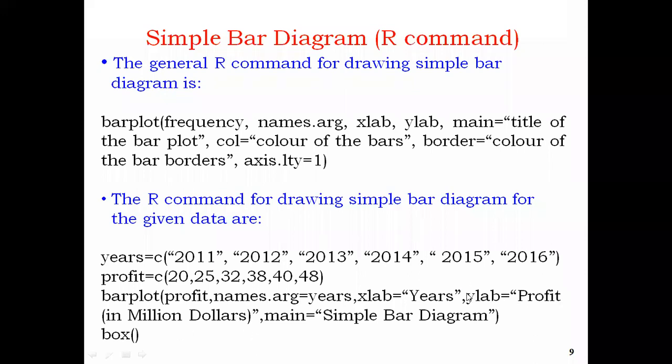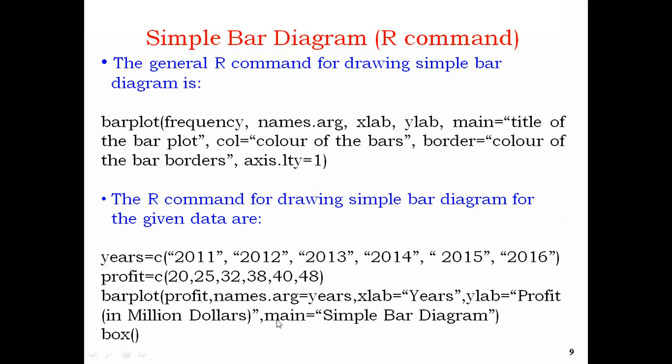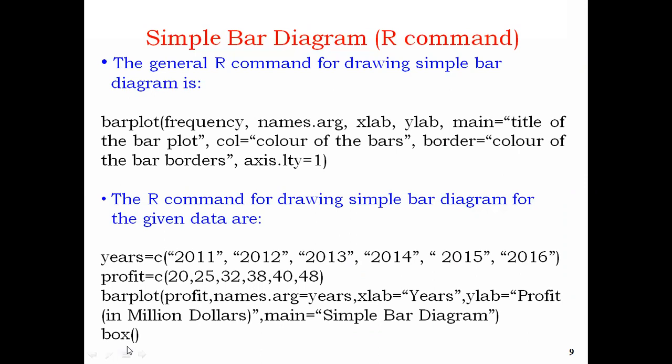So that's why it is coming in the diagram like this: profit in $1 million on the Y lab, then X lab is your years, and then main is your simple bar diagram. And here it is coming in a box because I am giving box here. In the general R command, it is not given.